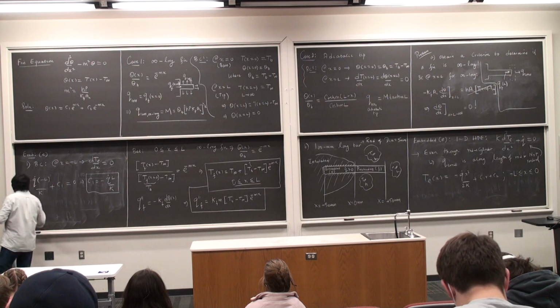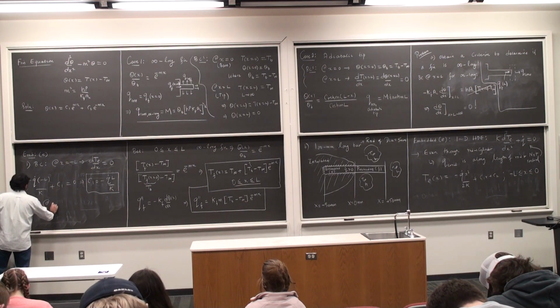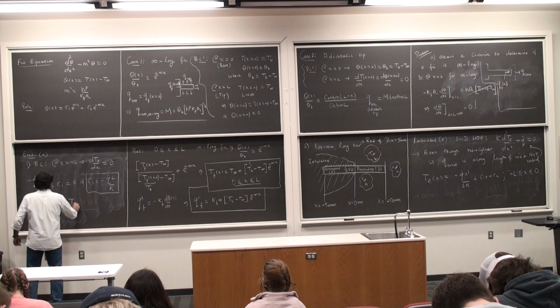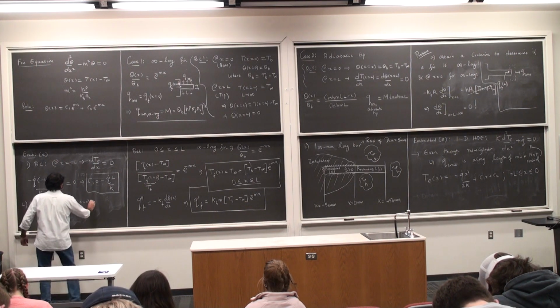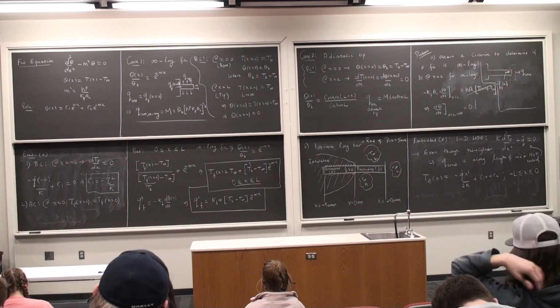Second boundary condition is that at x is equal to 0, I'm going to have continuity of temperature, so TE at x is equal to 0 is T fin at x is equal to 0.